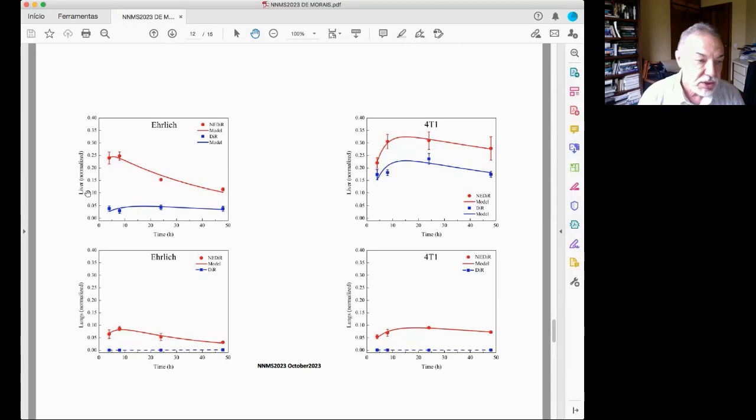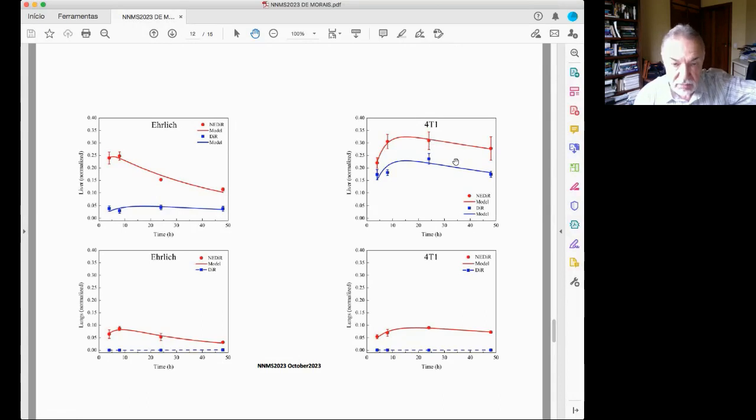The upper plot on the left-hand side is for the liver, and the lower plot is for the lung. The left-hand side is for the Ehrlich tumor, and the right-hand side is for the 4T1 tumor.